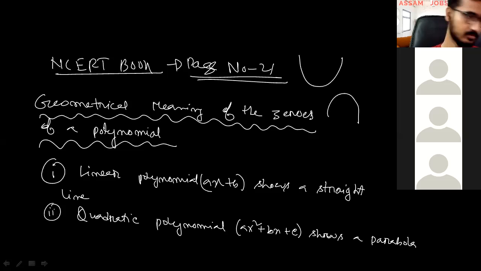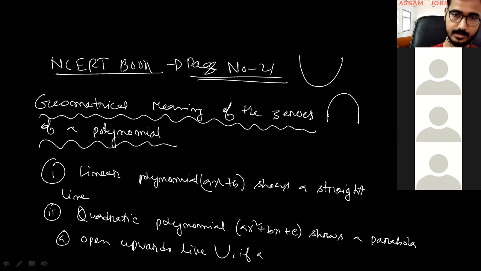I will explain all the things. So first, open upwards like this one, u. If a greater than 0, that means if the coefficient of x square is greater than 0, then the shape of this parabola will be upward.